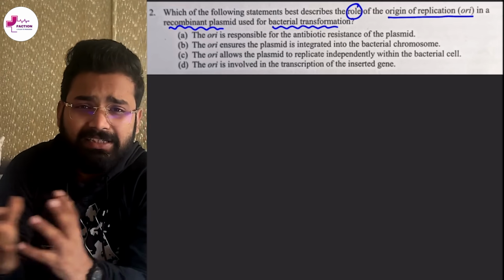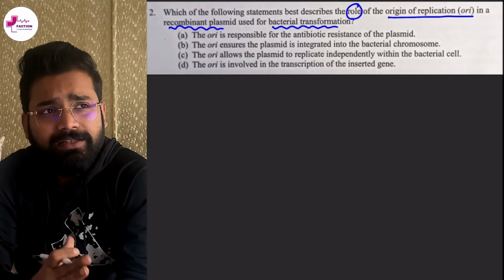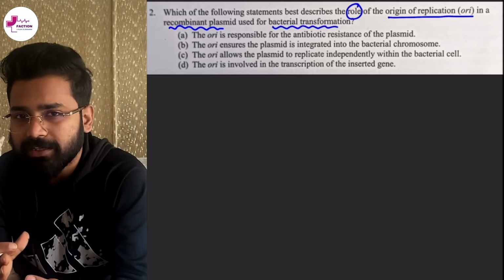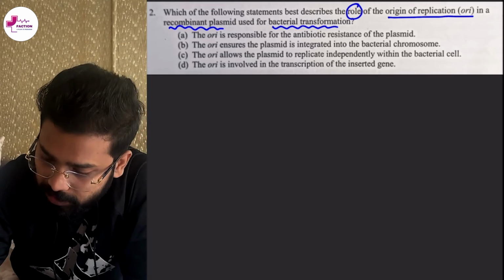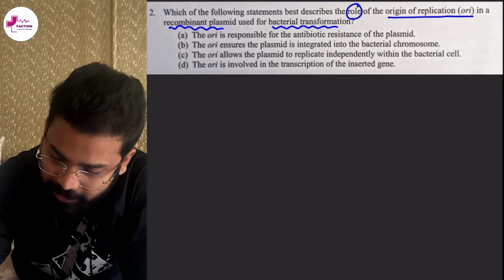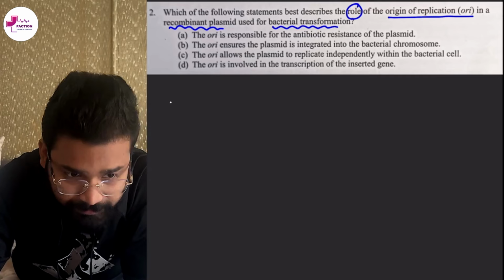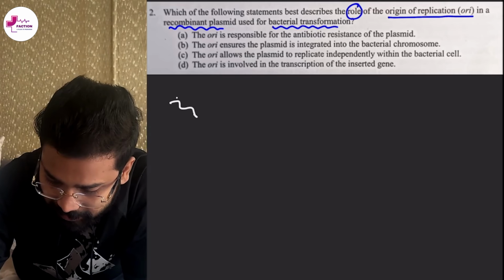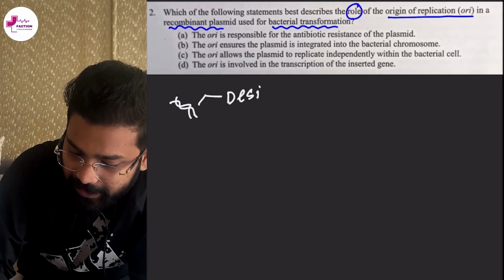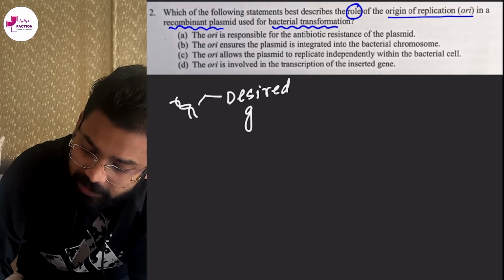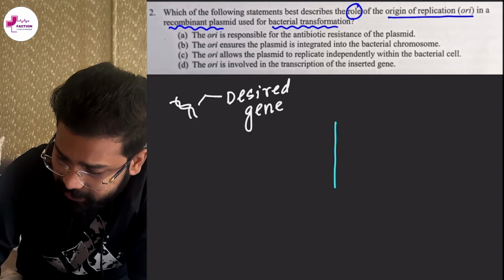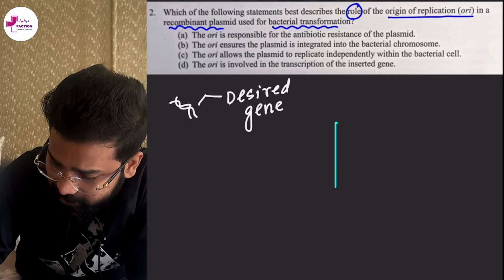We have read this topic a number of times, starting from Stanley Cohen and Herbert Boyer's experiment, components of a plasmid, in those parts. So if we start right here, what is the role of the origin of replication? Say this is a desired gene. What we actually want is to introduce this gene into a cell. This is the host bacterial cell.